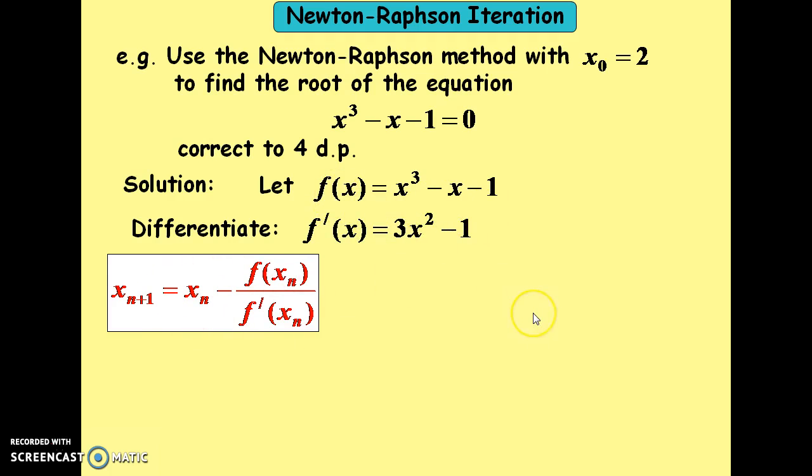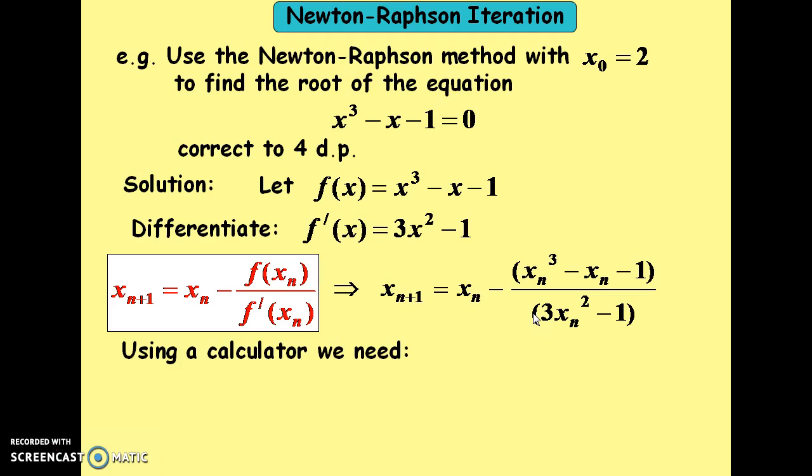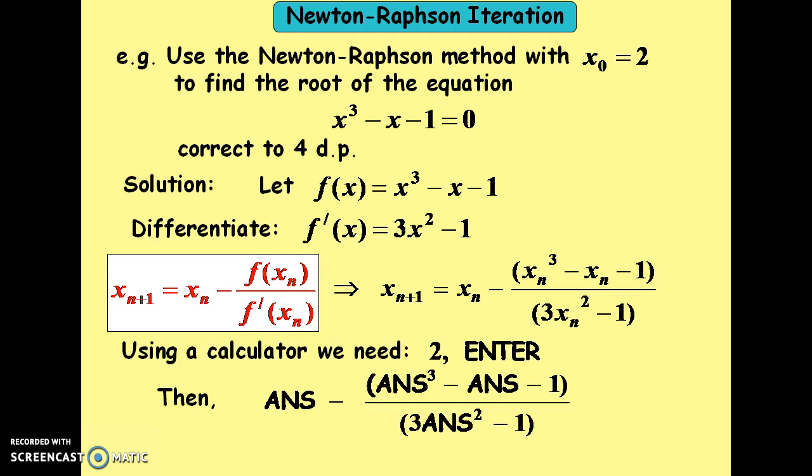Using this formula, students who want to use a calculator can use xn plus 1 equals xn minus (xn cubed minus xn minus 1) by (3 xn squared minus 1).